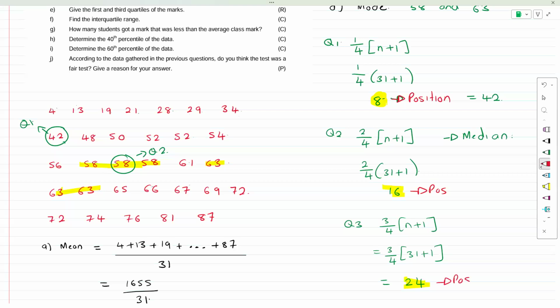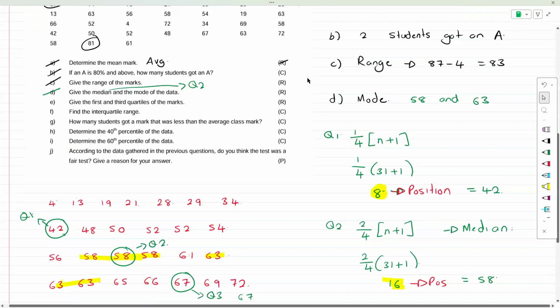This is 58 and 24: 16, 17, 18, 19, 20, 21, 22, 23, 24. And 24 would be quartile 3, which is 67. Done.